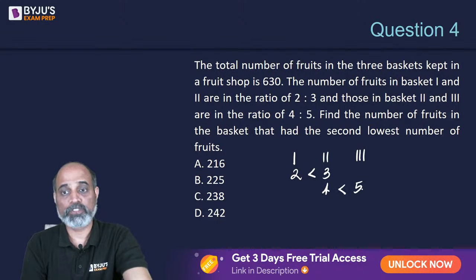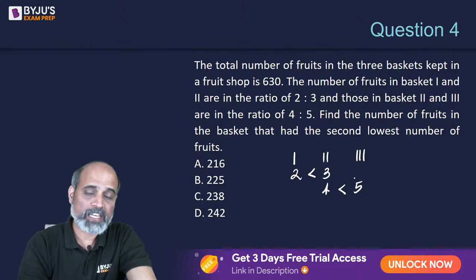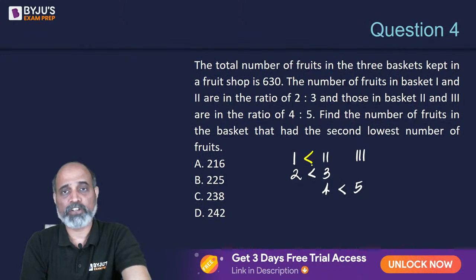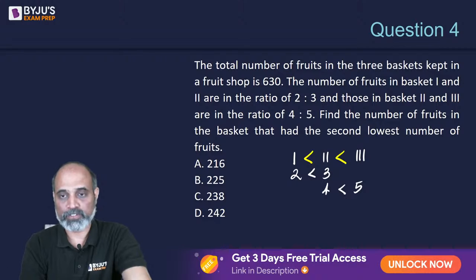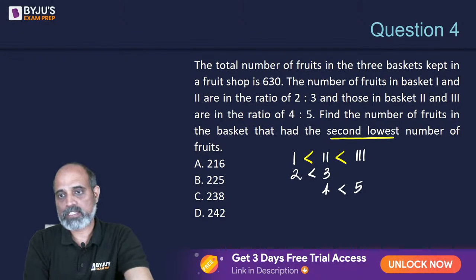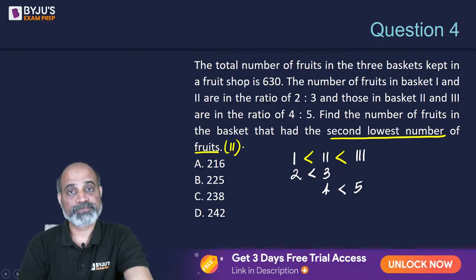So the number of fruits in basket 3 is more than the number of fruits in basket 2. So we can say overall that the least number of fruits are in basket 1, then you have the second basket, and the third basket has the largest number of fruits. Since the question is asking us the second lowest number of fruits, this is indirectly asking us how many fruits do we have in basket 2.